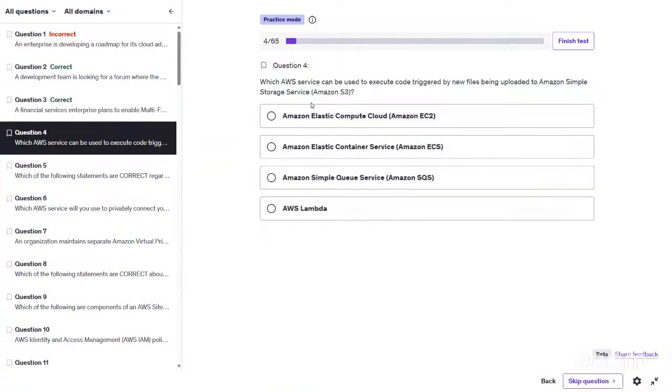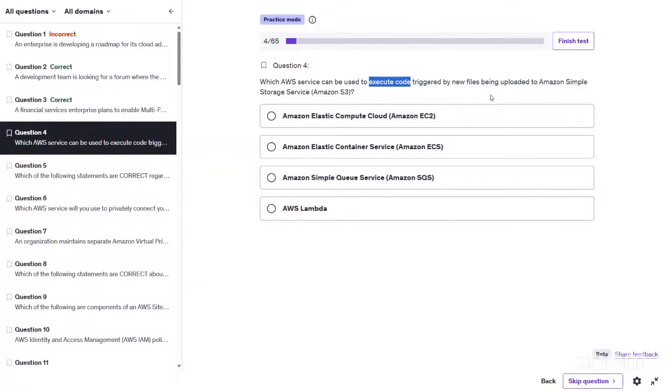Question 4. Which of the following AWS services can be used to execute code triggered by new files being uploaded to Amazon S3? This is from one of the practice sessions that we had, if you recall. You want to execute code and you want it to be triggered by new files that are uploaded.